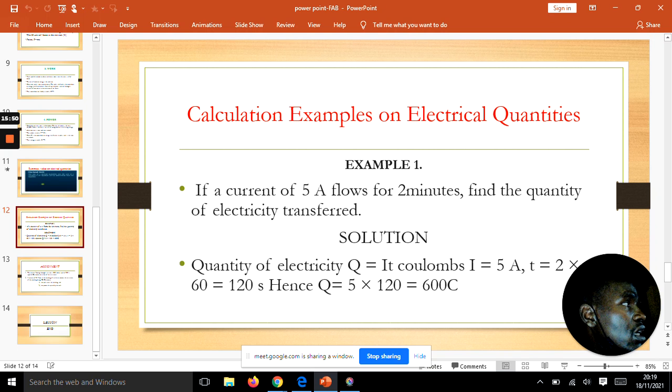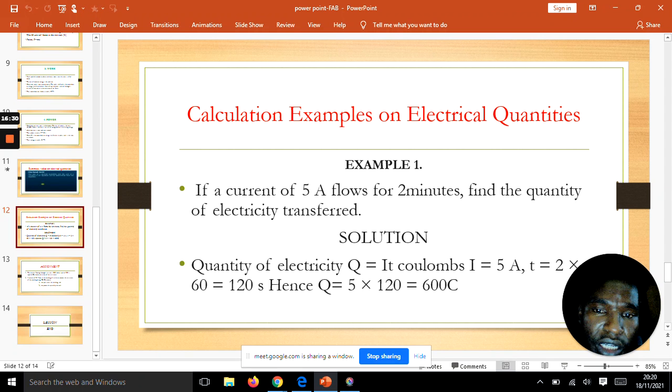Since 1 minute is equivalent to 60 seconds, we take our 2 minutes and multiply by 60 to get 120 seconds. If we substitute our values into the equation, we have 5 times 120, which gives us 600 coulombs. 600 coulombs is the quantity of electricity that will be transferred.